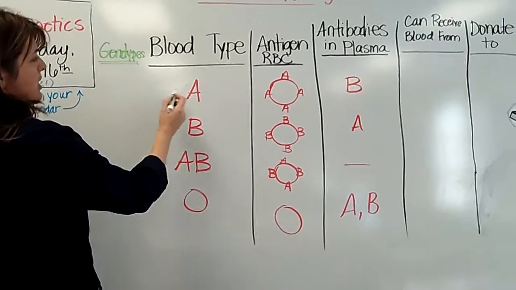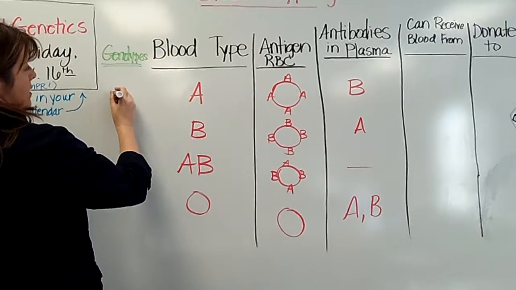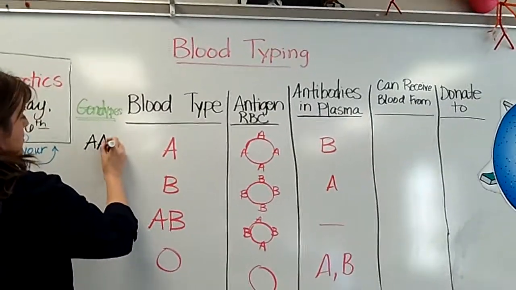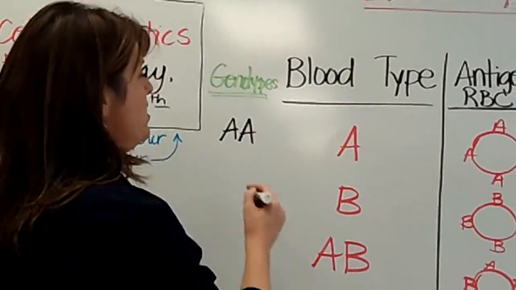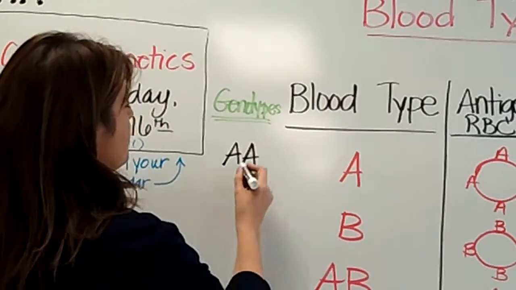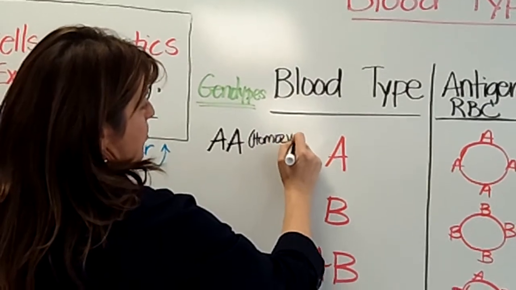So for the genotype for type A blood, your mom or dad may have given you a type A, and the other one may have given you a type A. So you would have type A blood. This would be called type A homozygous, okay?